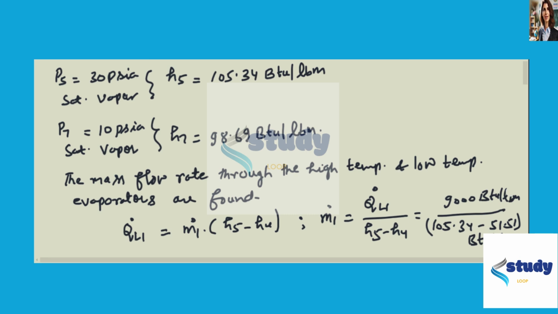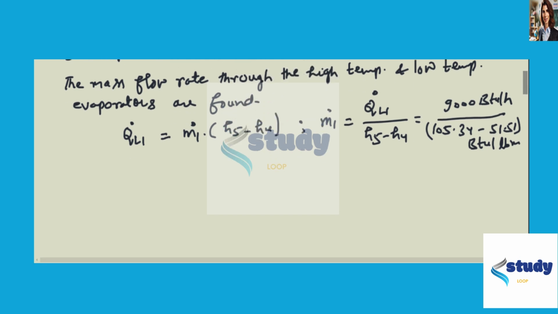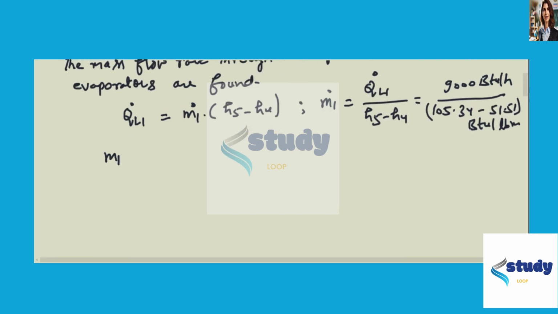This unit I have to correct, it is BTU per hour. So the mass flow rate you will get is 167.2 pound mass per hour.